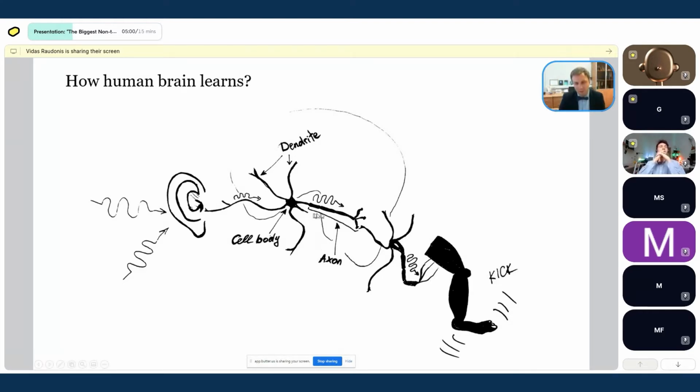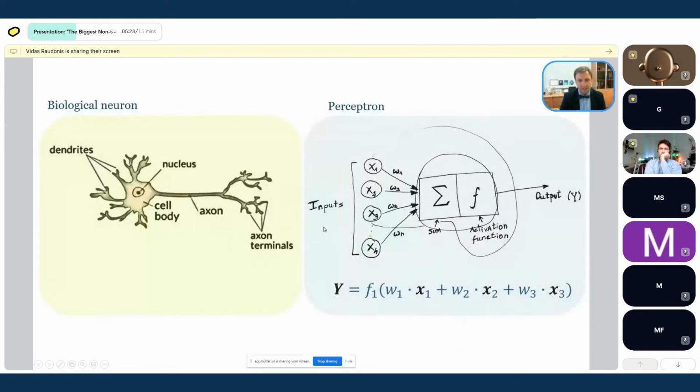Then the connection between those two neurons becomes stronger, and the signal from one neuron to another will go faster. It means that the training process is all about strengthening the connection between neurons.